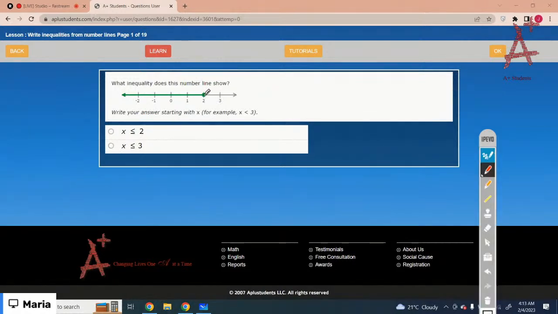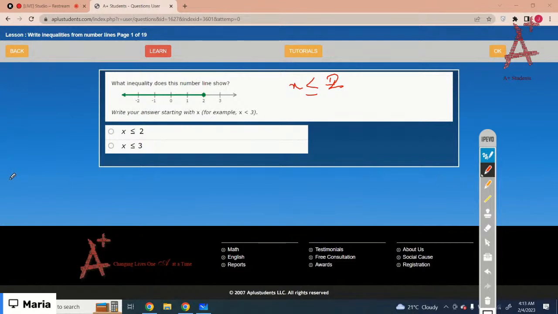Okay, so we have a filled in circle at 2. Got it? That means x is greater than or equal to 2. Got it? And also the graph is pointing on the left hand side. That means all the values are less than, that means x is less than or equal to 2. Got it? So the correct option is option number 1.